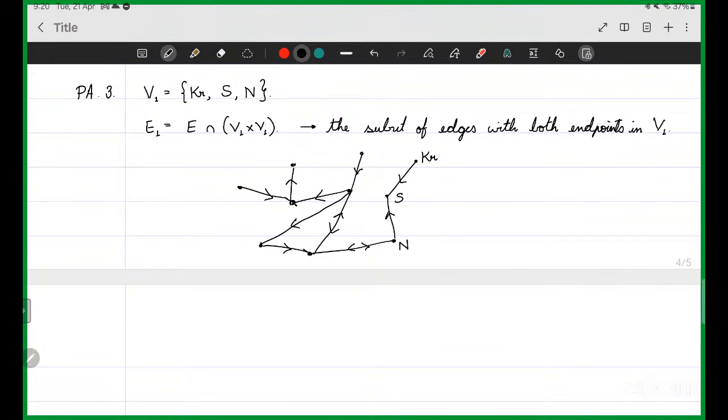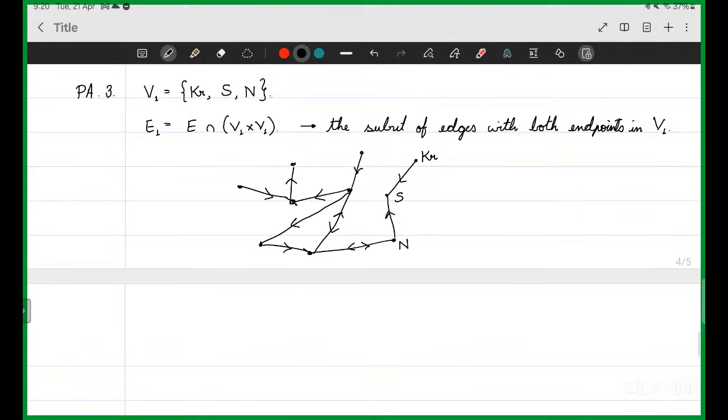What are the edges which have both endpoints in V1? V1 is just a 3-element set. What is E1?